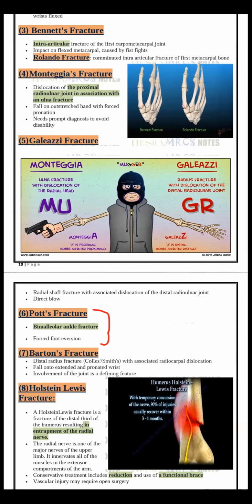In past tests, Bennett and Rolando fractures are discussed. What is the difference between Bennett and Rolando fracture? Both are fractures of the first carpometacarpal joint. These are related to the base of the thumb. Excuse me, carpometacarpal joint. As you see in this picture, I will try to zoom over it.